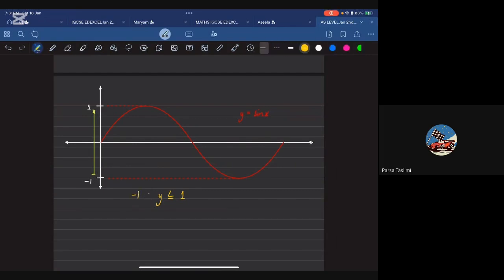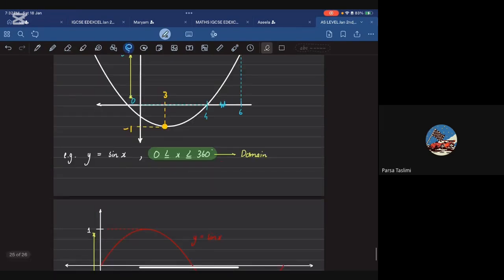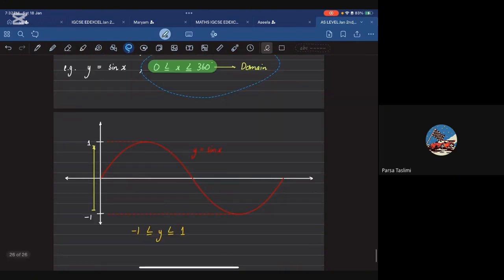If there was a different function like y is equal to 3 sin x, it would differ. But considering this function, you don't even have to go through finding the domain, drawing the graph, looking at the types. You just need to use a bit of common sense and know how this graph looks on your axis, and that will give you your answer.